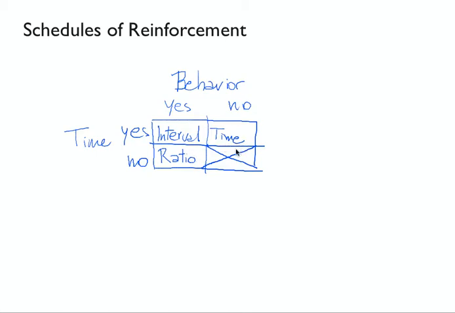And you can think, for instance, about getting your mail. You're waiting for a letter, and to the extent that there's nothing you can do to make that letter arrive, you just have to wait. It will eventually arrive. Then that is a time schedule. There's nothing you need to do in that situation.